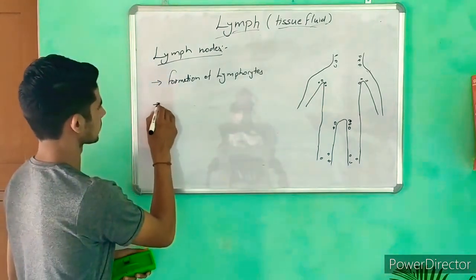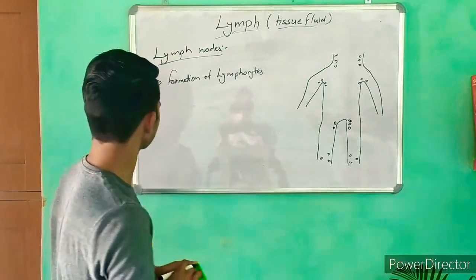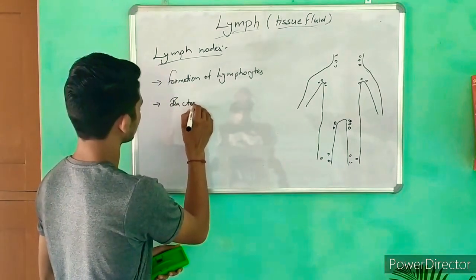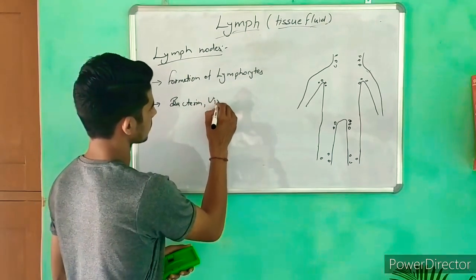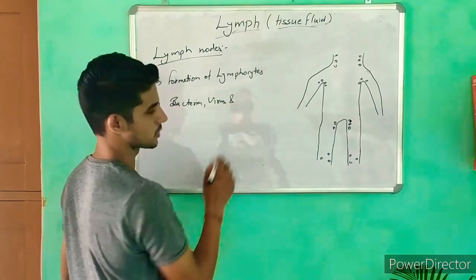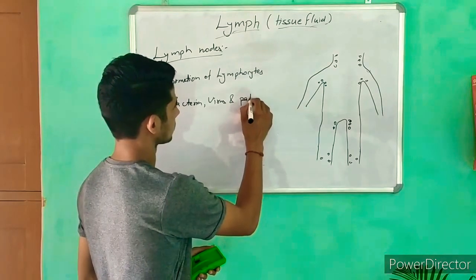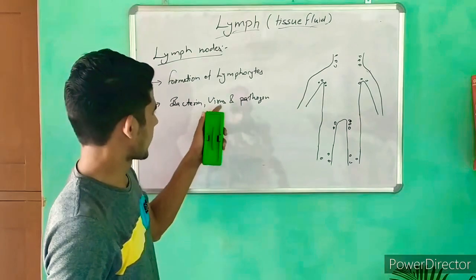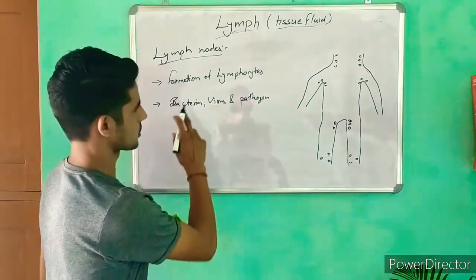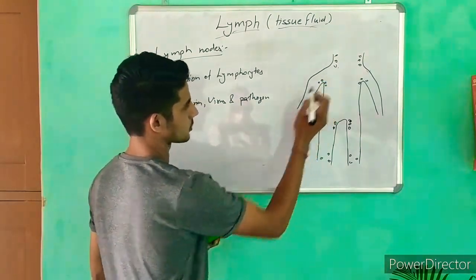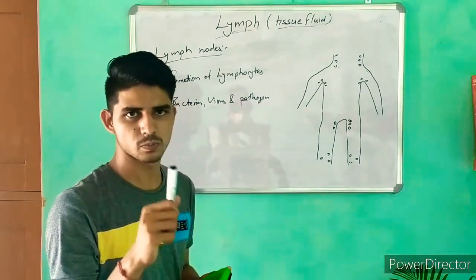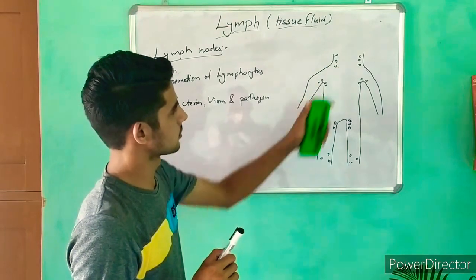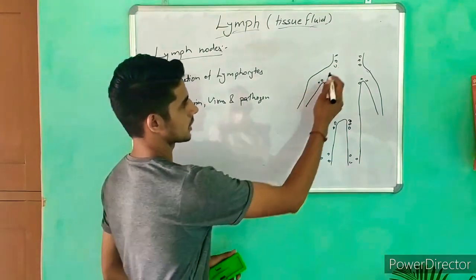And the second function of these lymph nodes is to destroy bacteria, virus, and other pathogens. These are destroyed in the lymph nodes by the action of WBC, which is present in the lymph. And as a result of the action performed by them, they swell up.